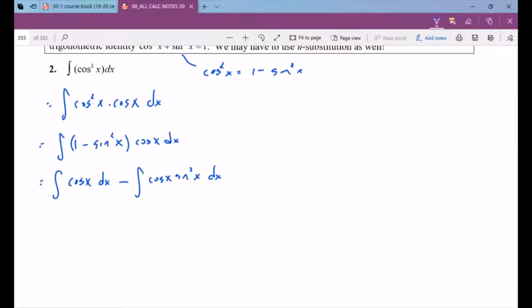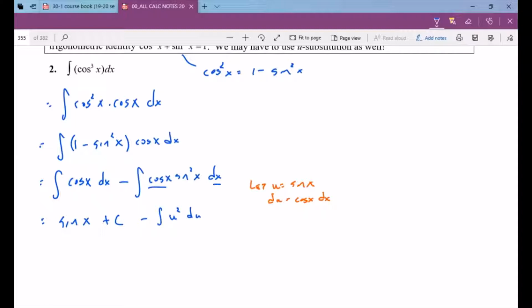This first one is just sine x. This next one, we're now going to do a u substitution again. So we're going to say that u equals sine x, so therefore du is equal to cos x dx. When we do that, this ends up being the integral of u squared du.